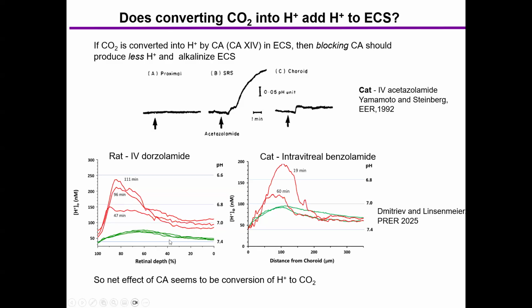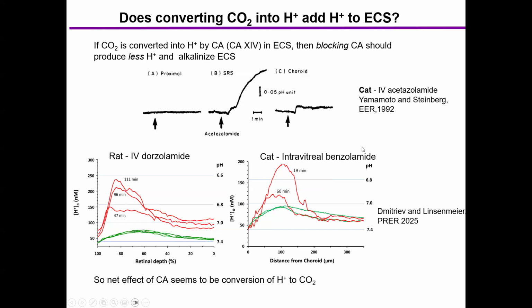But benzolamide was developed in order to only block extracellular carbonic anhydrases. It does not cross membranes very well. So when we gave intravitreal benzolamide in cat, we also got this very strong acidification, down to pHs around 6.5.